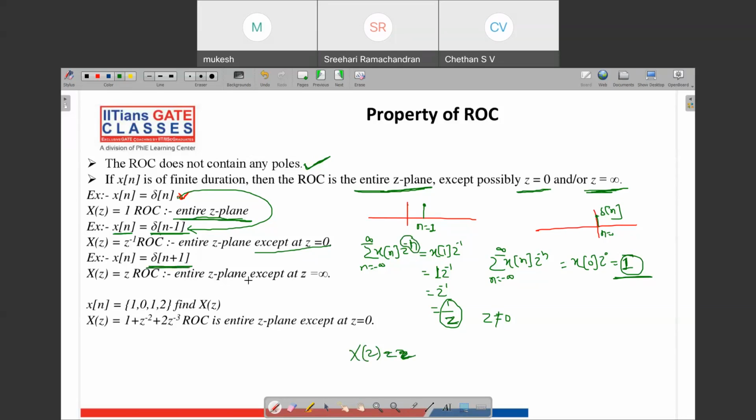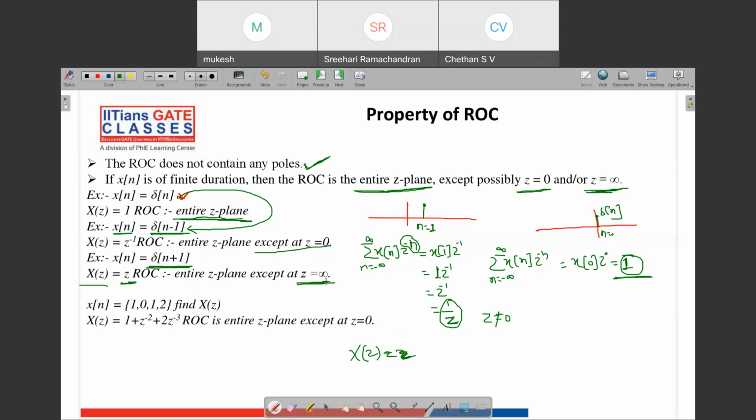When you put z equal to infinity here, X(z) is going to be infinity, and at that point it is not converging. That means the ROC is again the entire Z plane except at z equal to infinity.